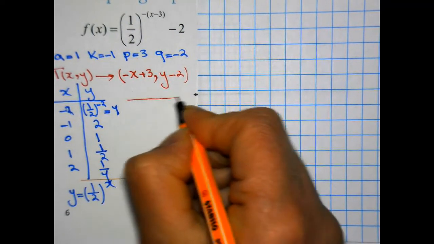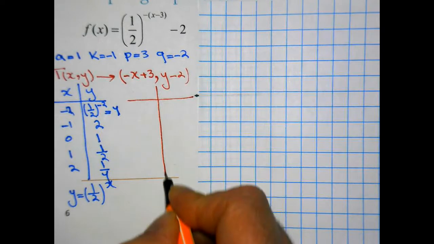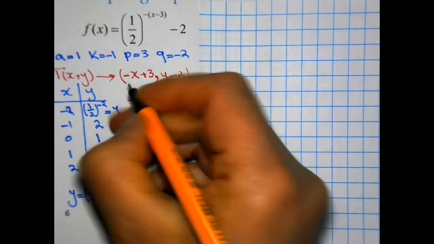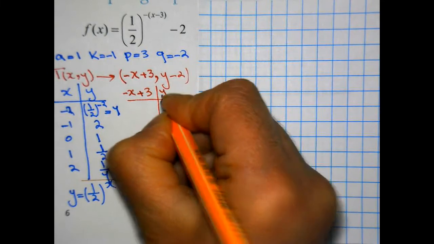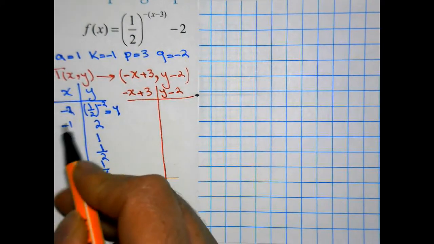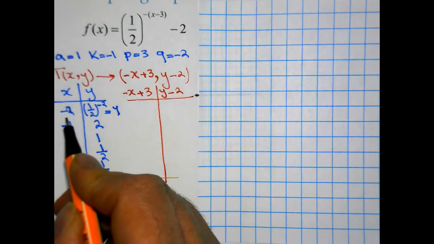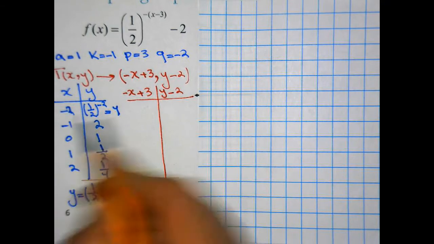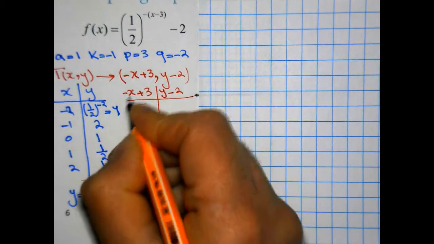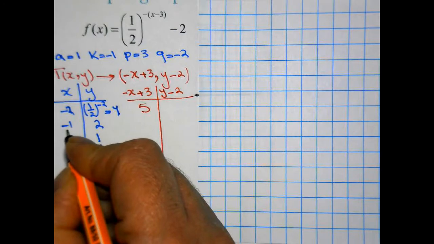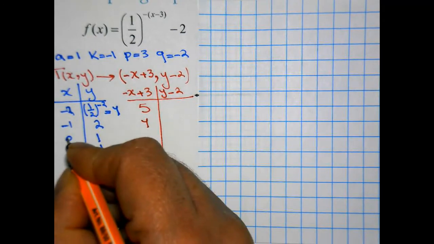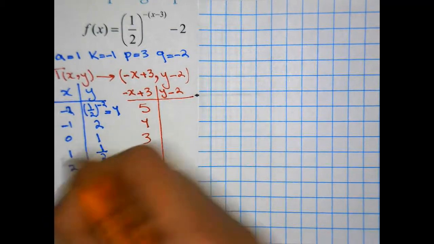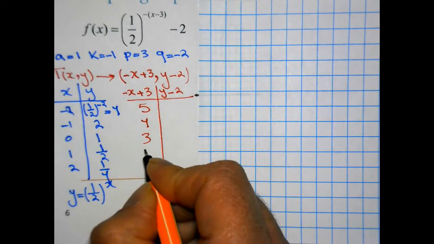And now we are ready to make the table of values for the transform point. So -x plus 3 and y minus 2. So -(-2) is 2 plus 3 will give us 5. -(-1) is 1 plus 3 is 4. 0 plus 3 is 3. -1 plus 3 is 2.